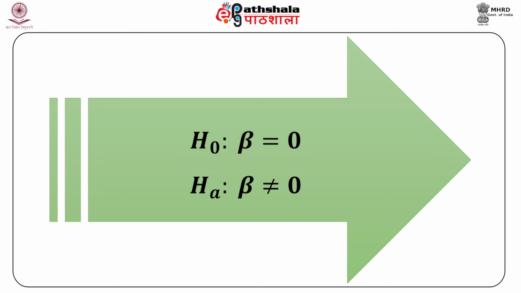The intention is to reject the null hypothesis, as only then can a relation between earnings and schooling be established. So if we reject the null hypothesis, we would conclude that there is an underlying relationship between earnings and schooling. Otherwise, it will be difficult to substantiate this kind of relationship.